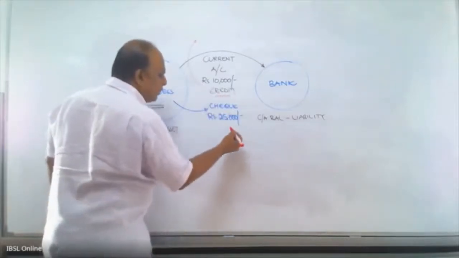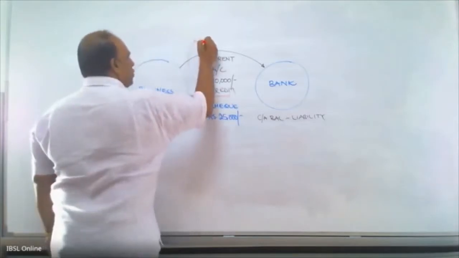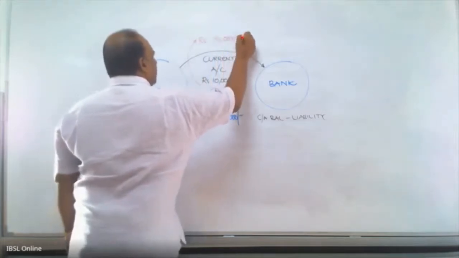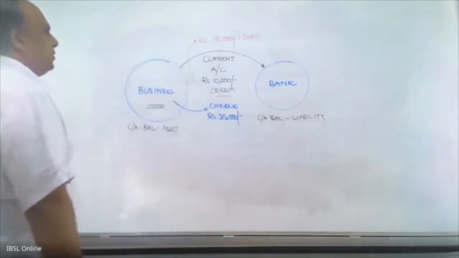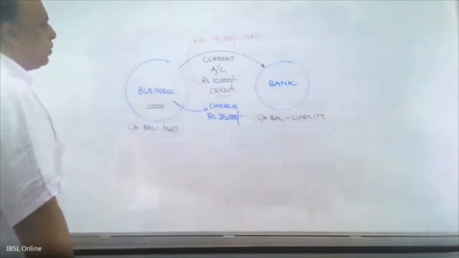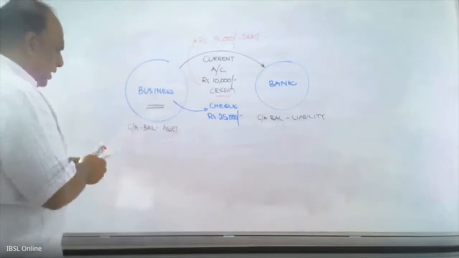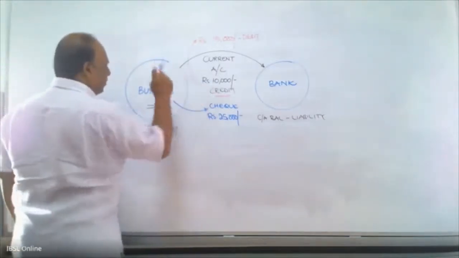Now there is a debit of 25,000. So you will turn into a 15,000 debit. Do you understand that?